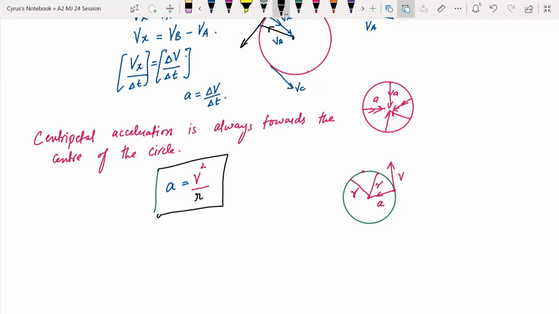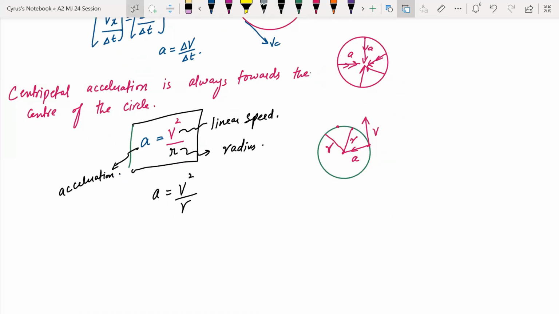Acceleration is v square over r, where v is the linear speed, R is the radius of the circle, and A is the acceleration. We can also write it like this: A is equal to V square over R.